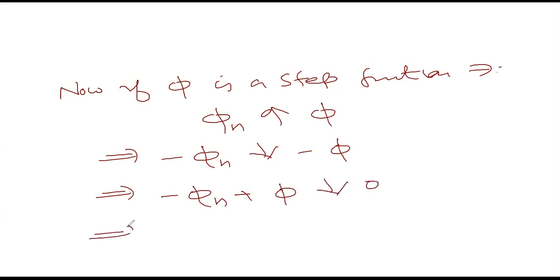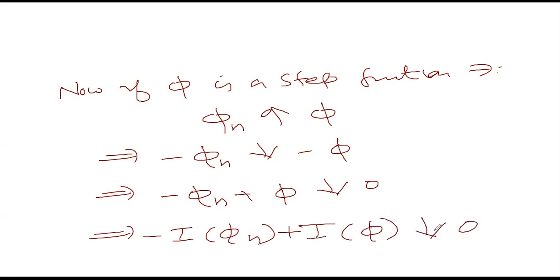With the linear property, the integral of minus phi n plus phi, which is equal to minus the integral of phi n plus the integral of phi, decreases to 0 by the previous part.